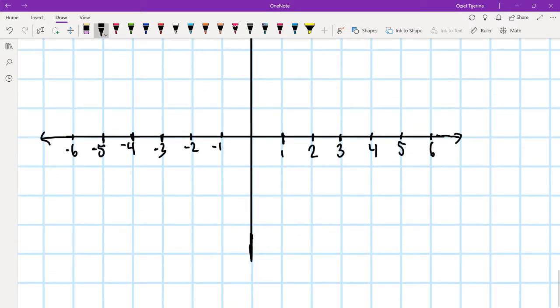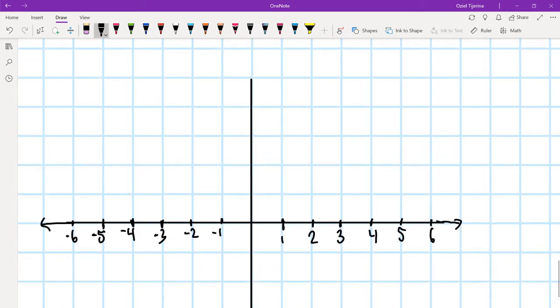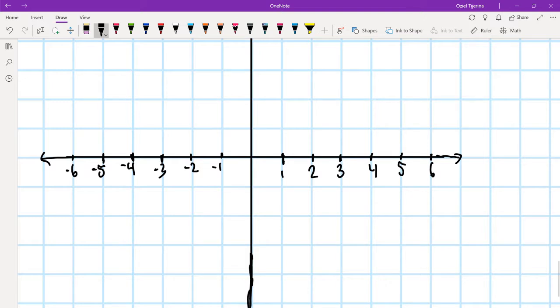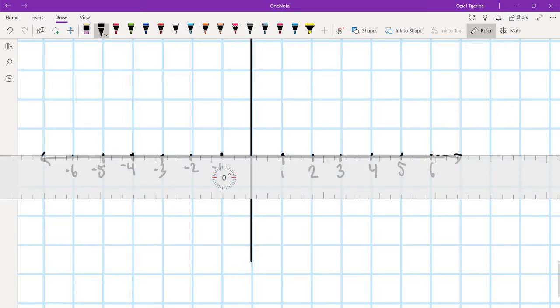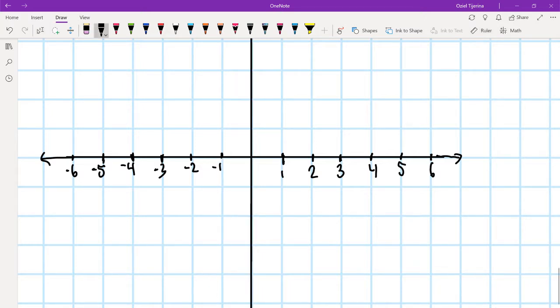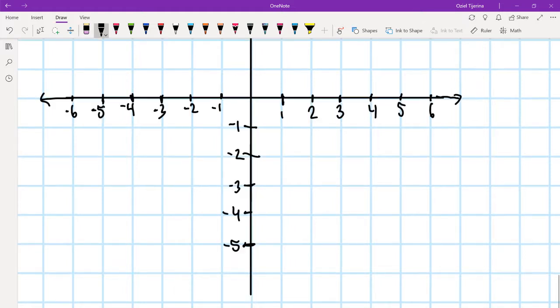Let's say that you want to do something like, let me see, give me a second. So this is -1, -2, -3, -4, -5.